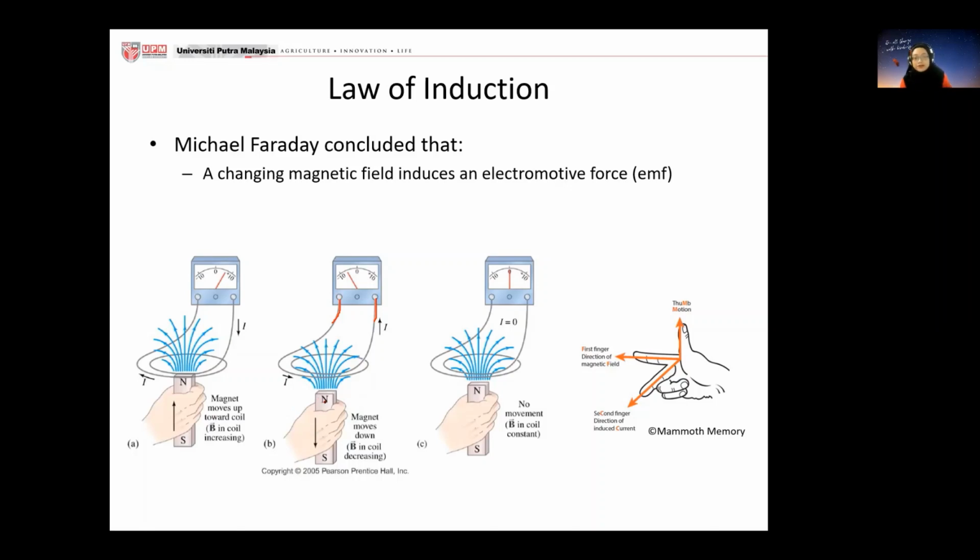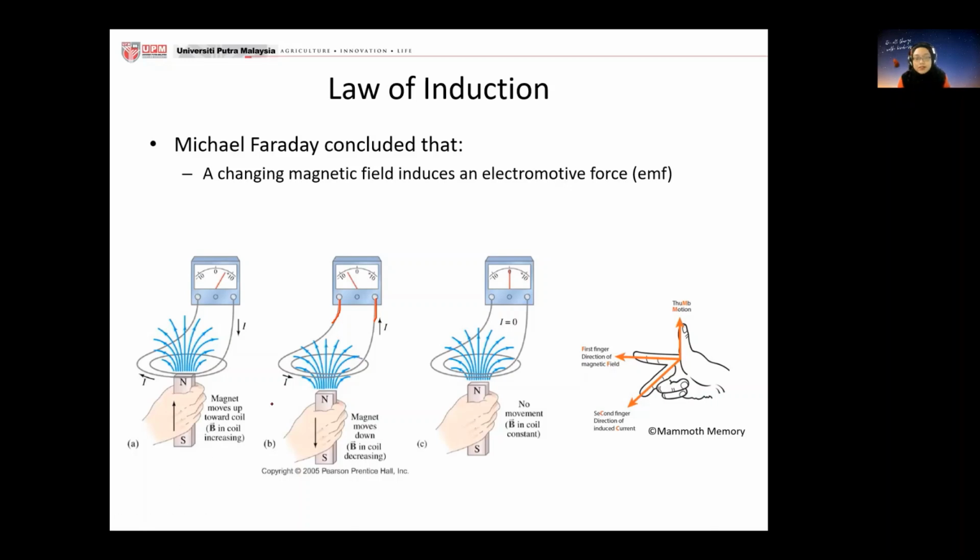So if you move the magnet downwards, relatively the coil is moving upwards. So imagine you are moving the magnet, but the coil itself is going upwards, right? So thumb is up, and you have your direction of magnetic field.